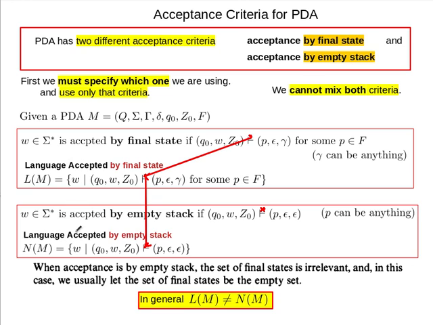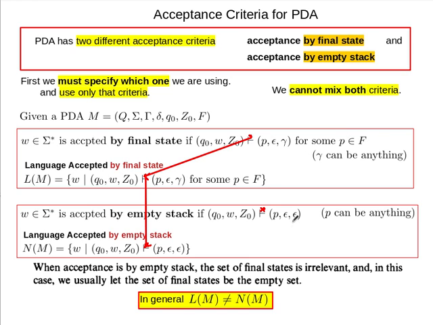So you need to specify which language you are talking about when you are talking about a PDA, and which acceptance criteria you are talking about. When you are using acceptance by final state, in this final ID, this gamma doesn't matter. It can be anything, it can be epsilon, it can be not epsilon. All it cares about is whether this P belongs to the set of final states or not.